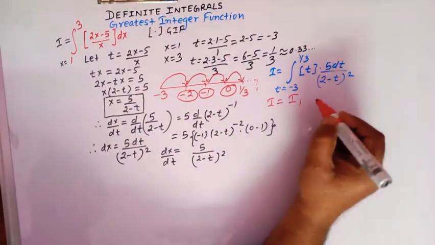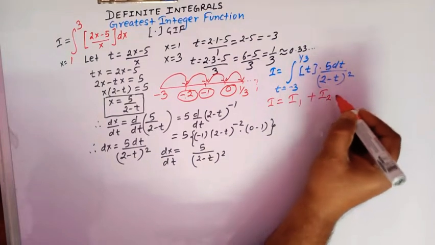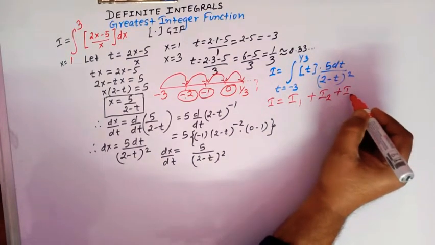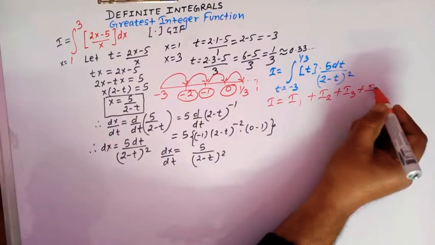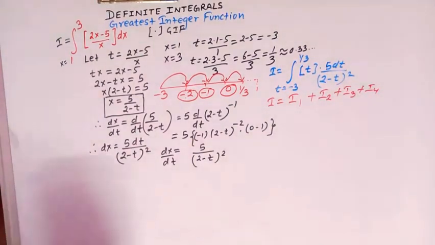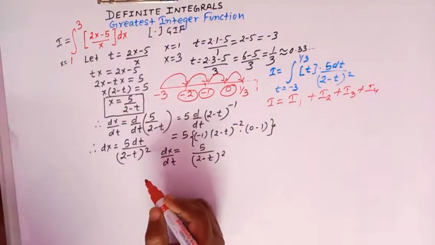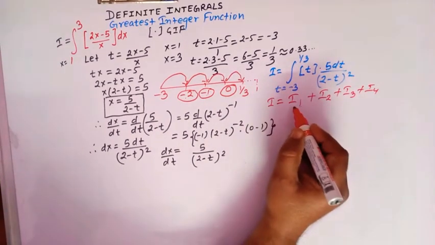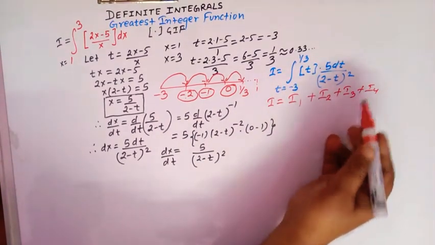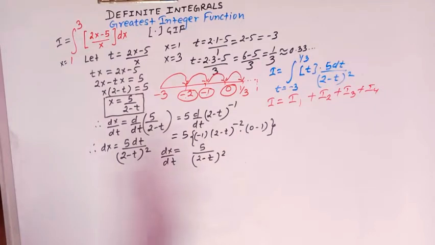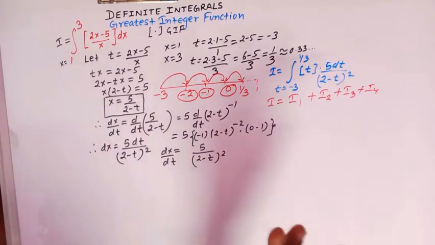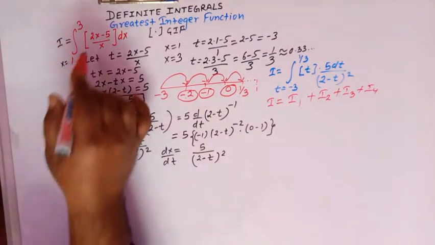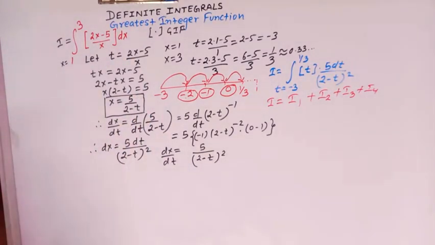So now we have four integrals: I1, I2, I3 and I4. Now we'll individually find the values of I1, I2, I3 and I4, and then we'll add up the values of all these integrals to get the final value of the given integral I.